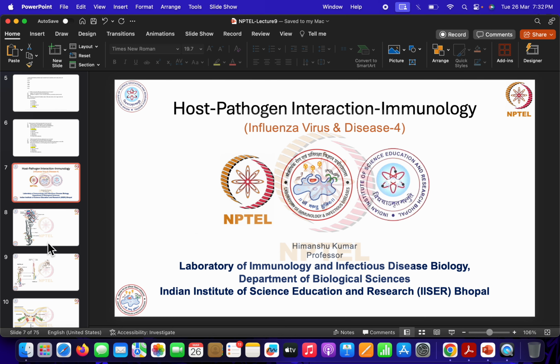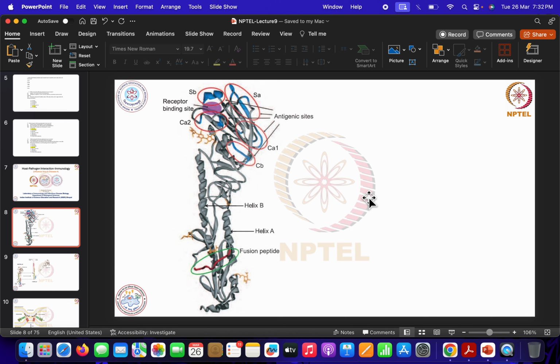talk about the proteins which are present on the membrane of influenza viruses. This is a membrane protein present in the membrane of influenza viruses, where you can see there are receptor binding sites, different antigenic sites, and then it has the fusion protein.